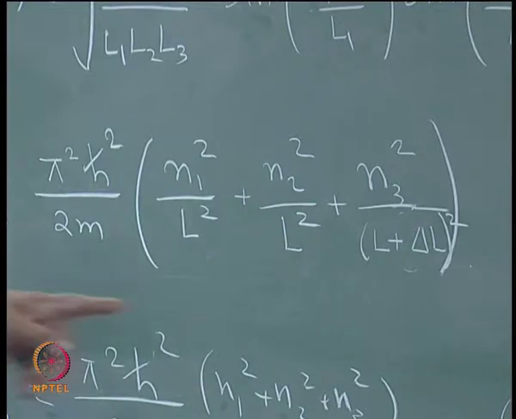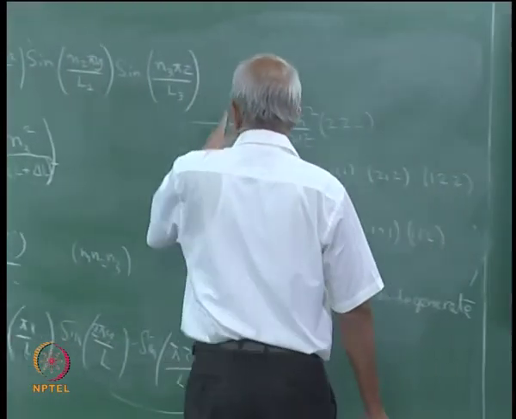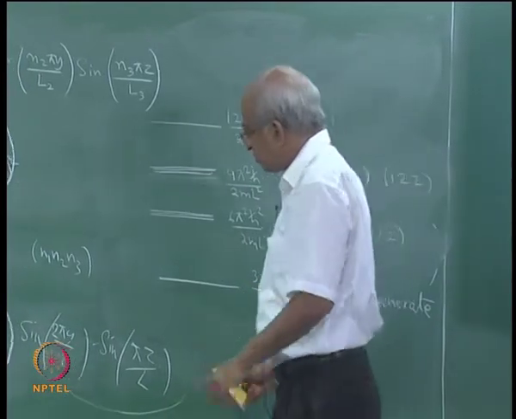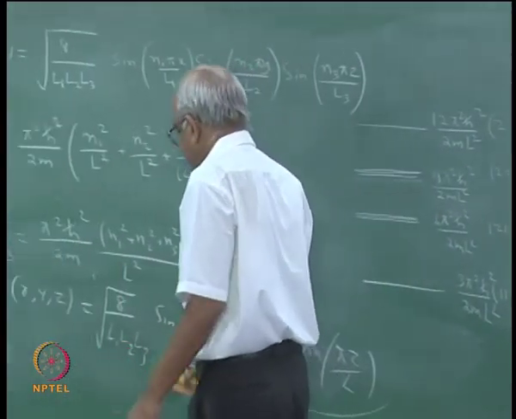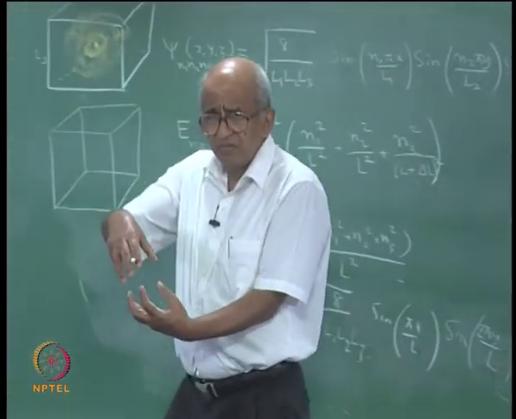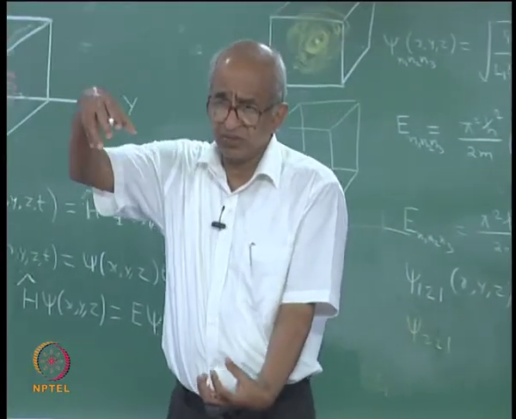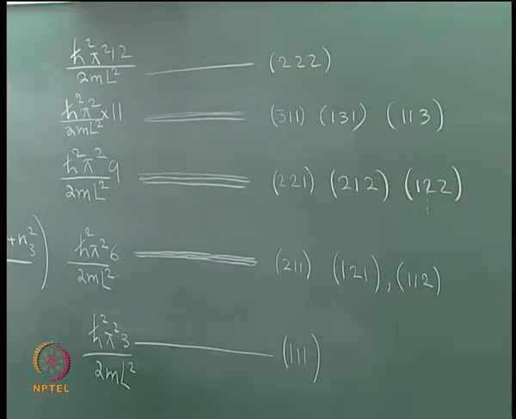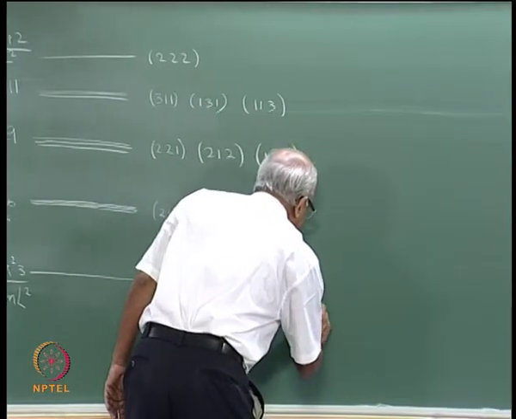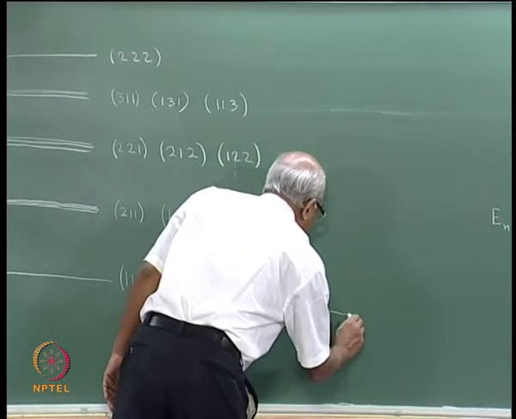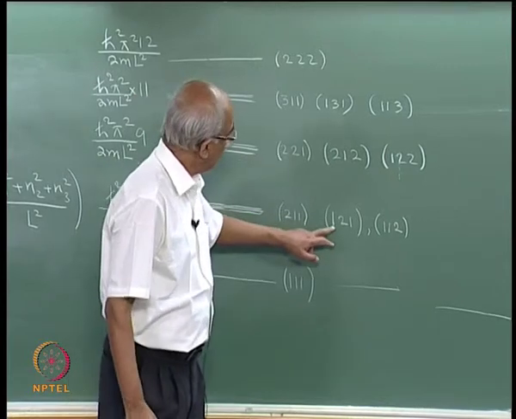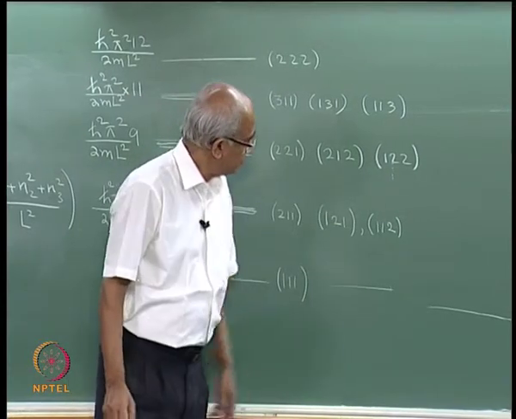The picture that I have drawn here is for the perfect cube, but suppose I decrease the symmetry of the system by stretching the box, then what will happen to the energy levels? Of course, you see this energy level 111 will get lowered a little bit, and then what will happen to 211, 121 and 112?